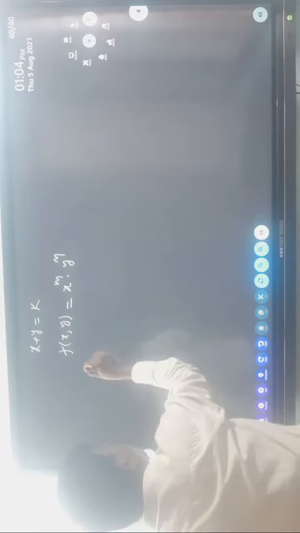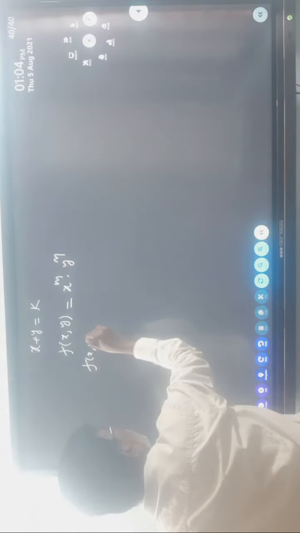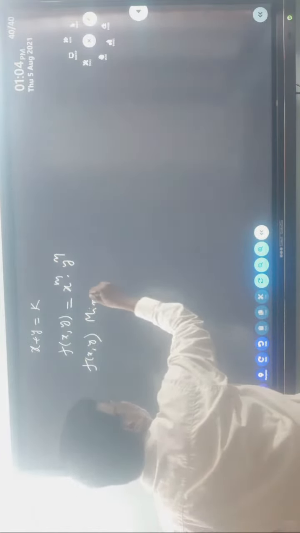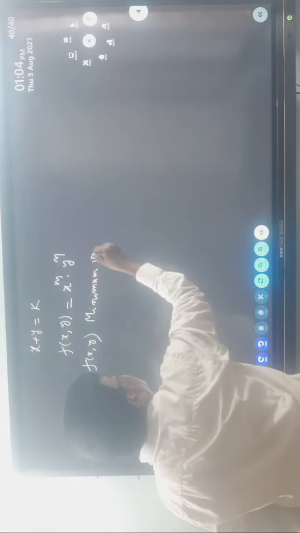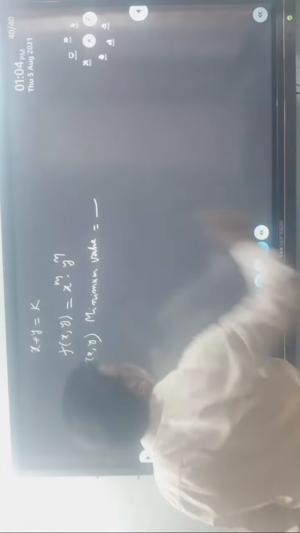F of xy is to be at its minimum, right? So for what value is it minimum? That is the question asked in the previous examinations.